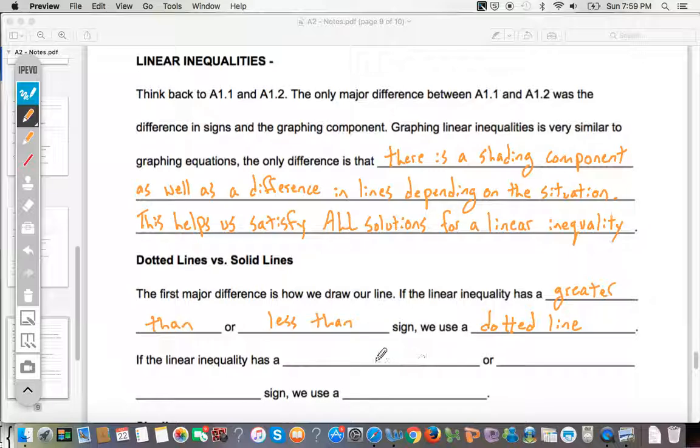If the linear inequality has a greater than or equal to or less than or equal to sign, we use just a regular old solid line. Remember this. This is very, very important.